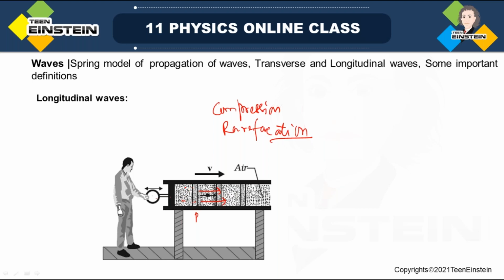Therefore the molecules in the adjacent region rush to the rarefied region and increase the pressure there, and the region from where they came becomes rarefied. This is how rarefaction and compression move from one place to another, and at the same time the sound wave travels through the air.